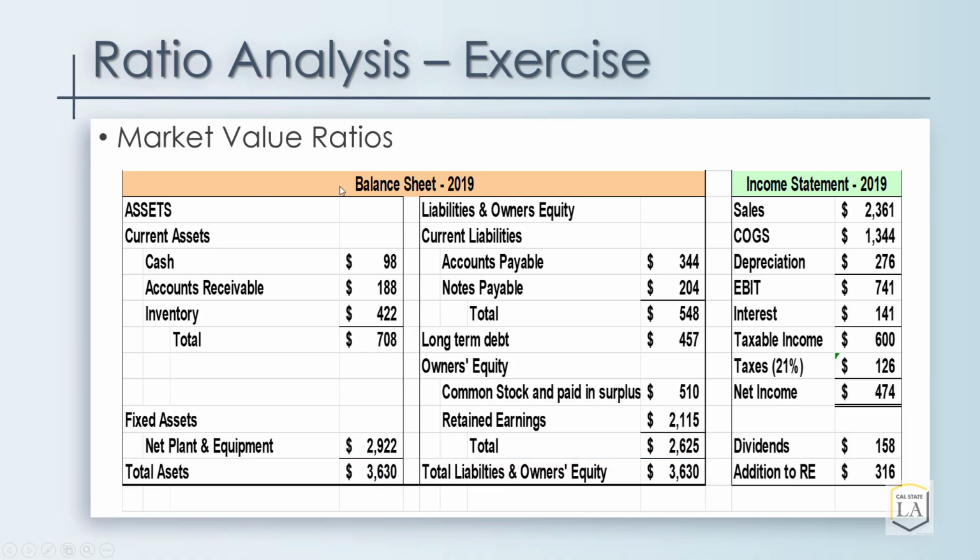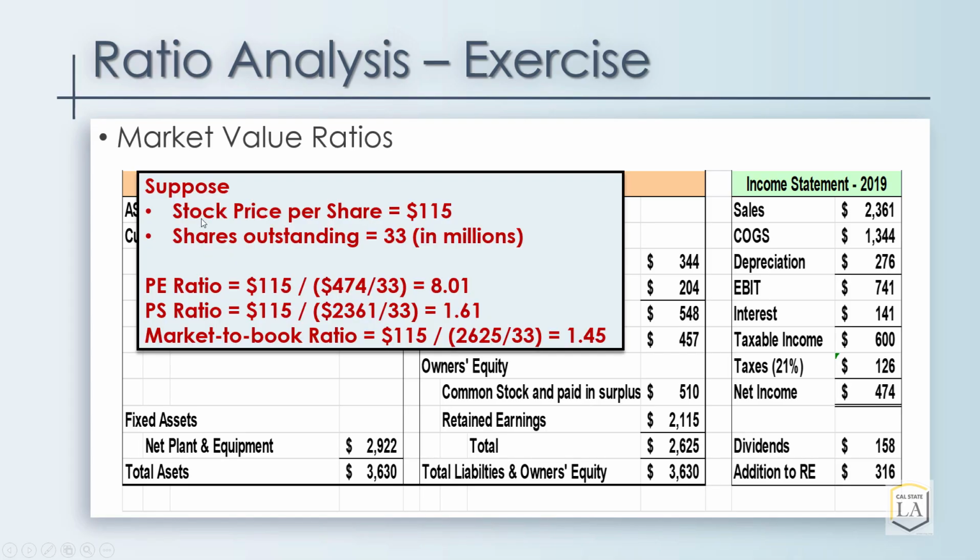Finally, for your market value ratios, let's suppose your stock price was 115 and the number of shares outstanding was 33 million. Then your PE ratio, as you saw in the formula section, would take the stock price as your numerator, and the denominator of the denominator would be the number of shares outstanding, which is 33.